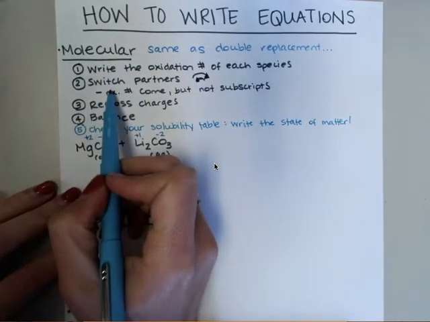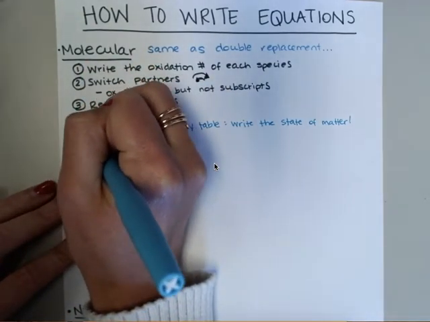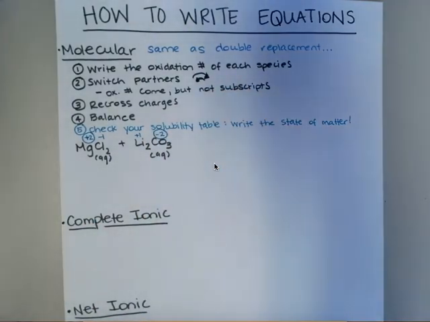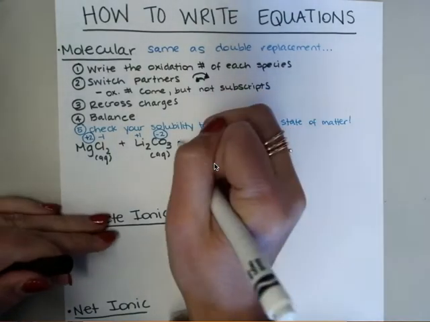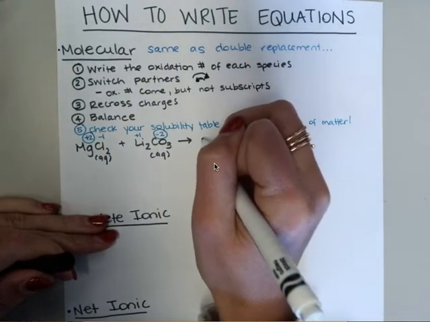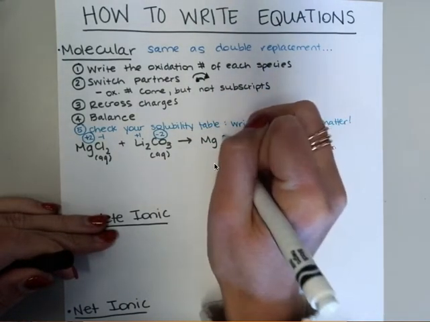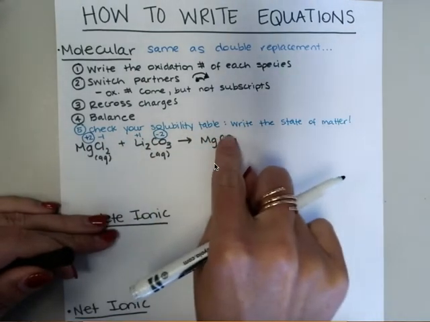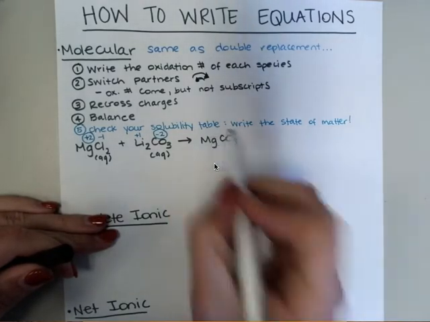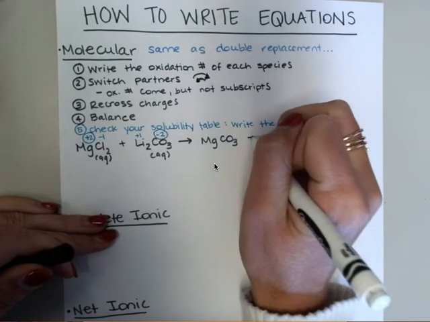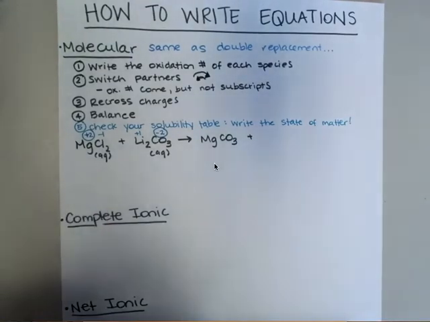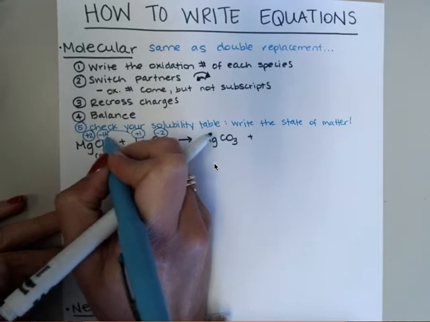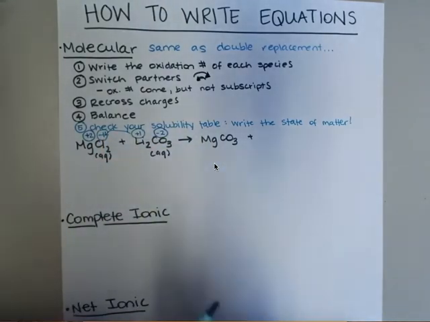That means I'm going to switch partners. That +2 magnesium is going to come get the -2 carbonate. So on my product side, Mg is going to come with CO3. They're a +2 and a -2. You can write them here or not, but we're just going to leave that alone. And lithium is going to come get that chloride, so we're going to form lithium chloride.